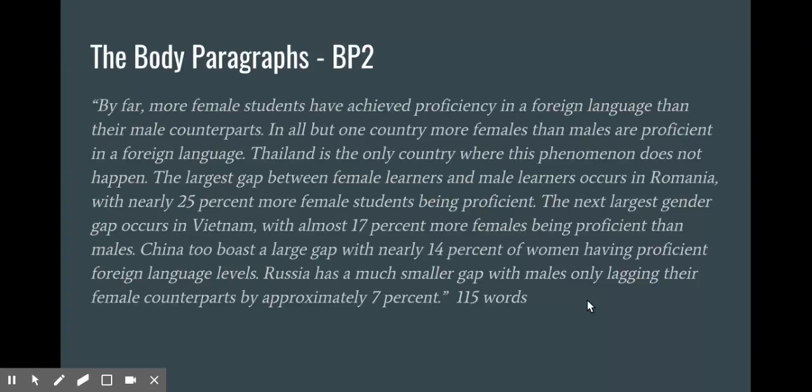The next largest gender gap occurs in Vietnam, with almost 17% more females being proficient than males. China, too, boasts a large gap, with nearly 14% of women having proficient foreign language levels. Russia has a much smaller gap, with males only lagging their female counterparts by approximately 7%. So that's my second body paragraph, and it's 115 words.